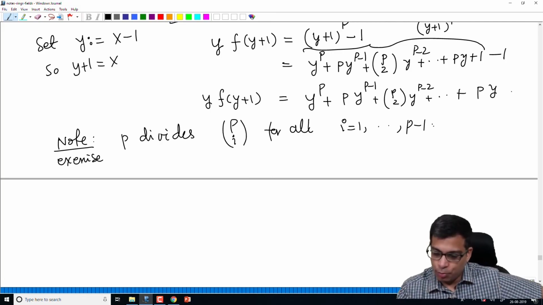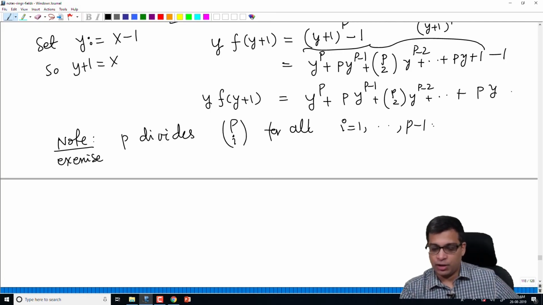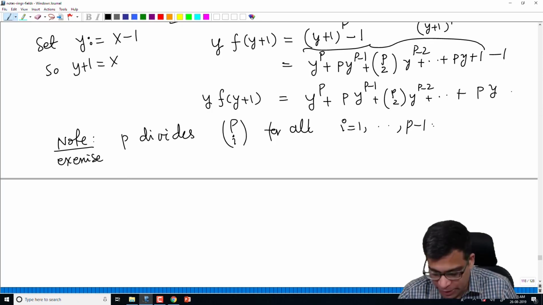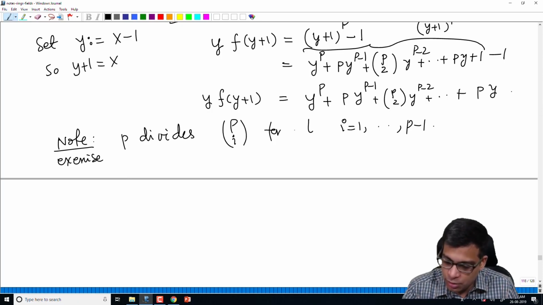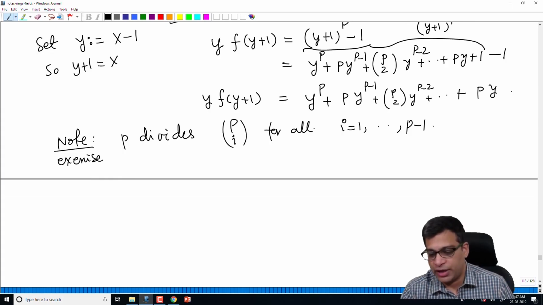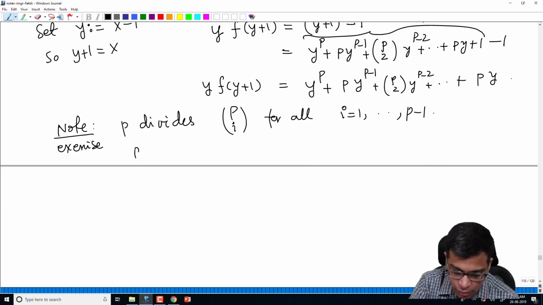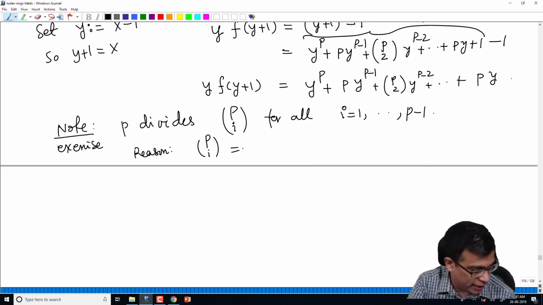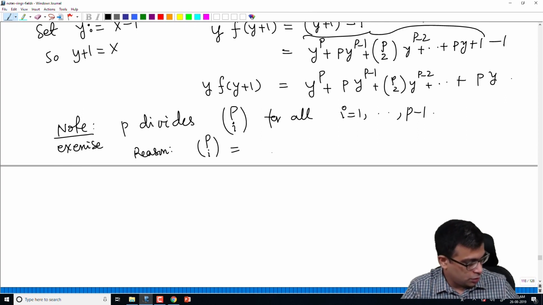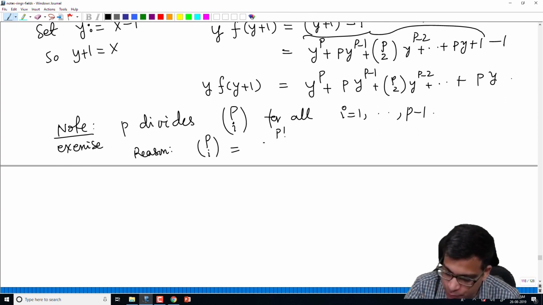Okay, so of course when you take i equal to 1, p choose i is just p, so p divides that. p also divides p choose 2, p choose 3, and so on. Here the important fact is that p is a prime. So the reason is you can write p choose i as, by definition, p factorial by i factorial times p minus i factorial, right?